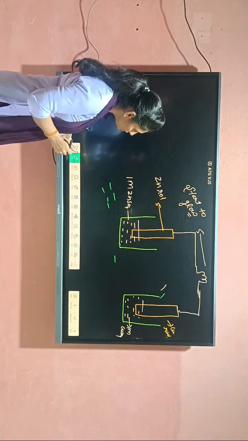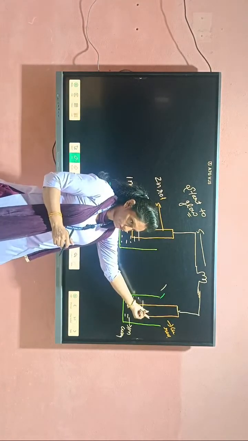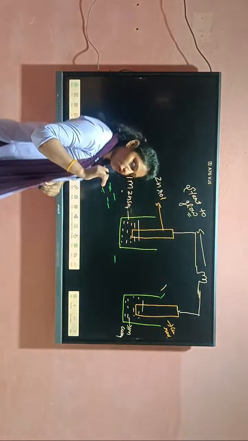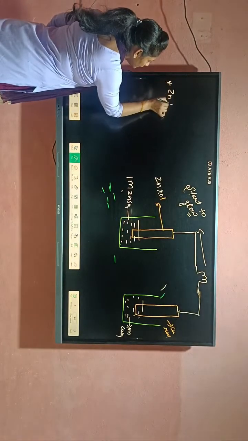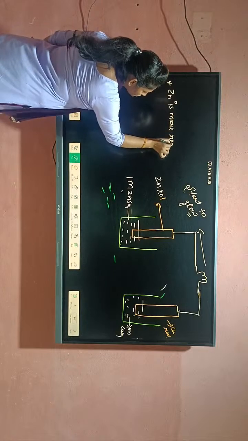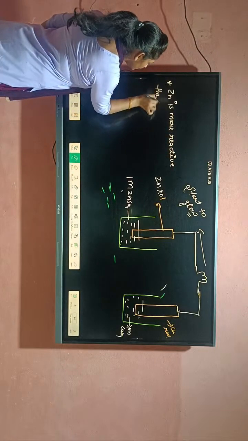Students, what will happen? Actually, you can see this zinc rod and this one is copper. We have connected them. And you know very well, zinc is more reactive than copper.